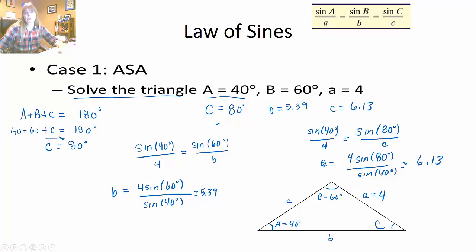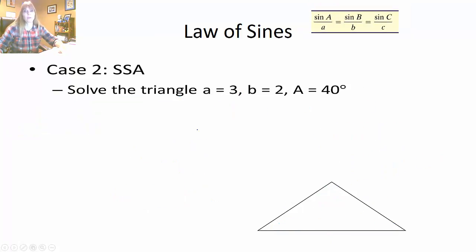Again, the hardest part is figuring out where to start. If you have two angles, it's always easy to find the other angle. So what if you don't have two angles? Let's see. In this case, I have an angle A, which is 40 degrees.